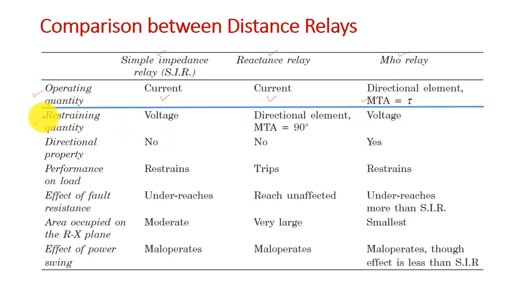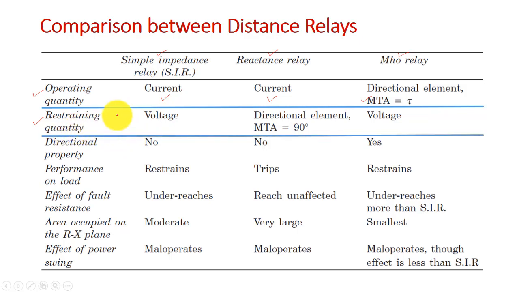Similarly, for the restraining quantity, in the simple impedance relay, voltage acts as the restraining quantity, and for the reactance relay, the directional element with MTA equal to 90 degrees acts as the restraining quantity. And for the Moore relay, the voltage in fact acts as the restraining quantity.